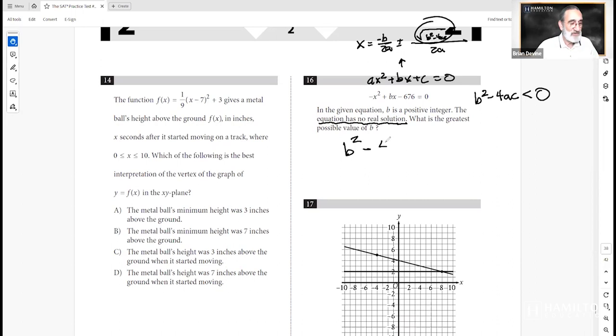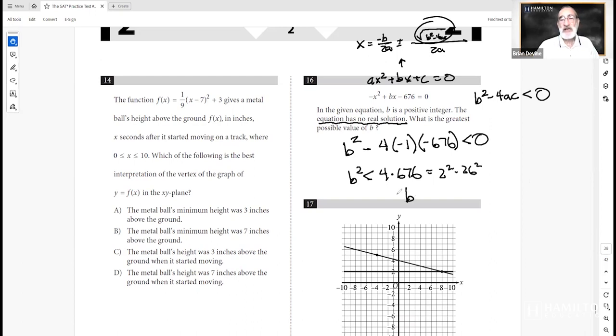So b squared minus 4 times negative 1 times negative 676 has to be less than 0, which means that b squared has to be less than 4 times 676, which equals 2 squared times 26 squared, by the way.